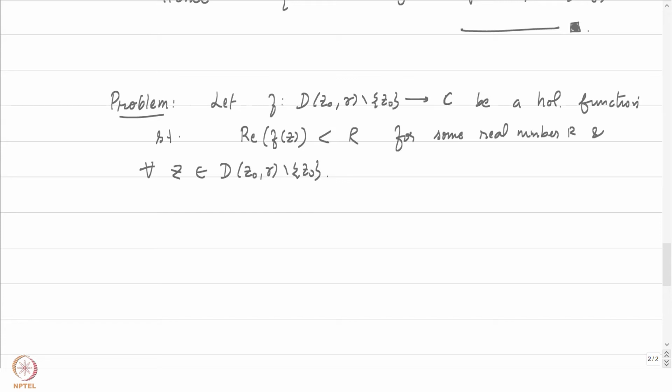So the real part is bounded above on the punctured disk of radius R. If this happens, even then f has a removable singularity at z0.